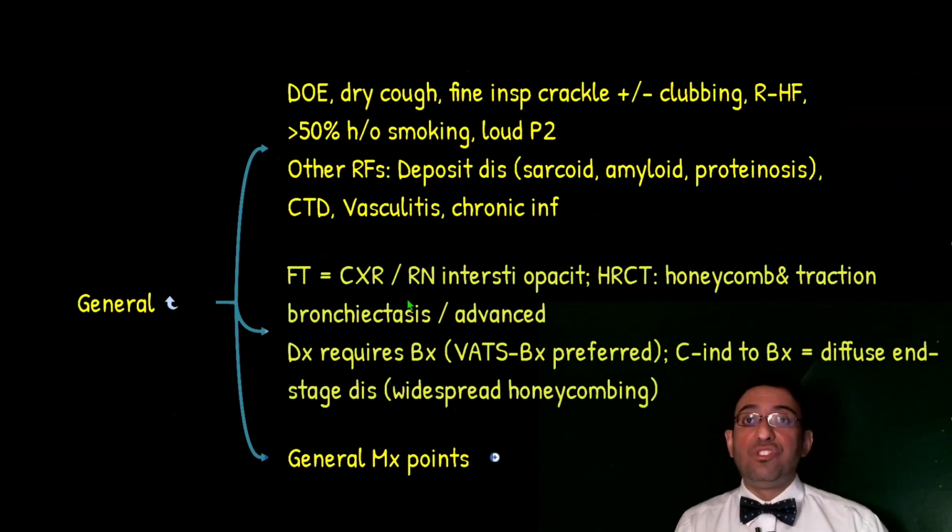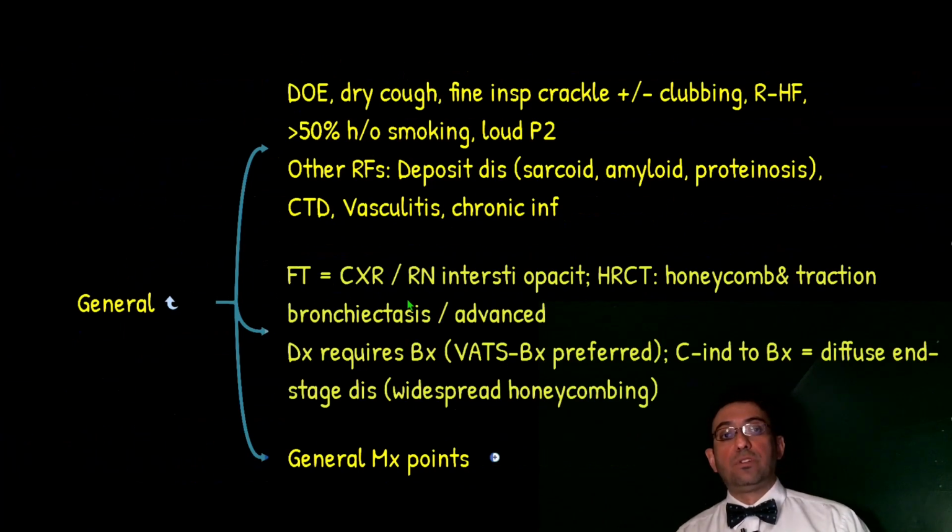Things such as JVD, organomegaly, ascites, right ventricular retrosternal heave, etc. This in physical exam would also show with a loud P2 indicating possible pulmonary hypertension.